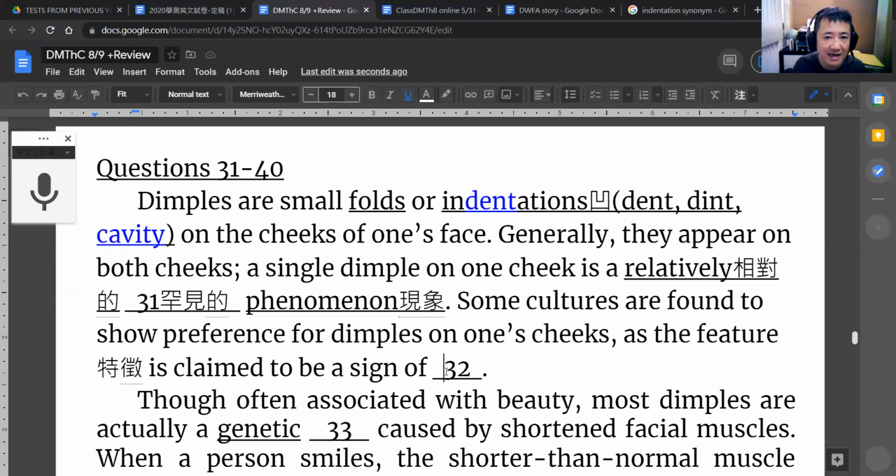Think about it. We are that kind of culture. We say that if you have dimples, it's a sign that you are cute, right? So some cultures like dimples because it is a feature claimed to be a sign of cuteness, or beauty or something like that.